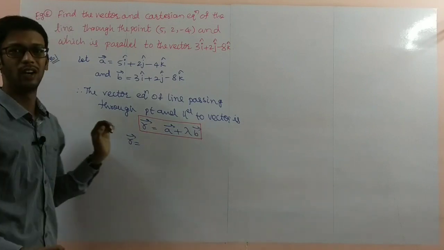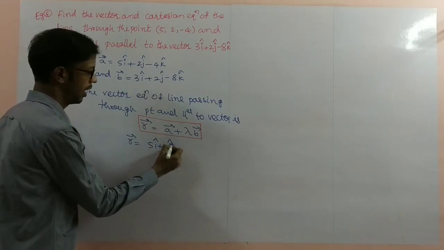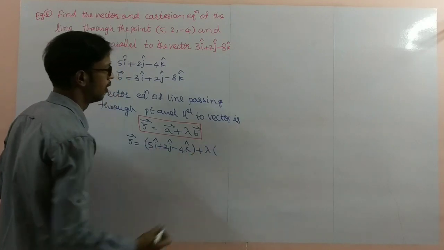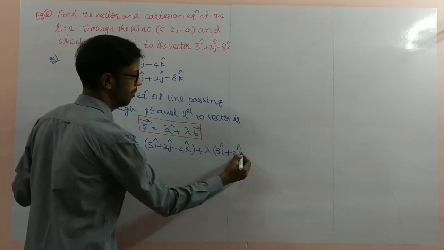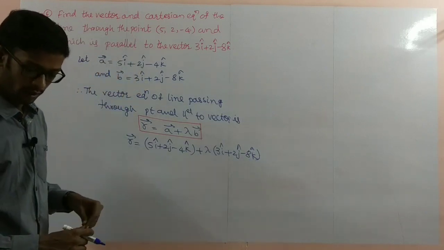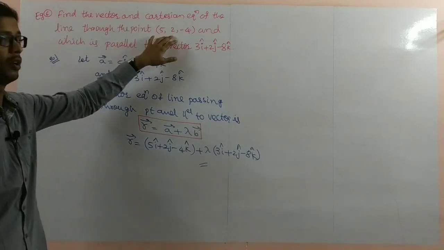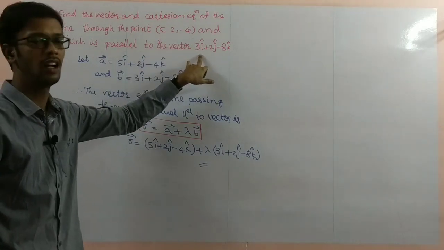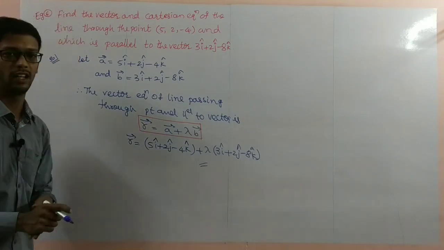R bar equal to A bar, which is 5 i cap plus 2 j cap minus 4 k cap, plus lambda into B bar, 3 i cap plus 2 j cap minus 8 k cap. So this is the vector equation of the line passing through the point (5, 2, minus 4) and parallel to the vector 3 i cap plus 2 j cap minus 8 k cap.